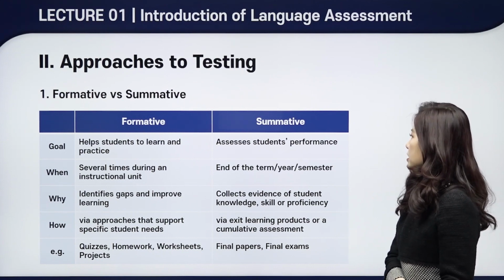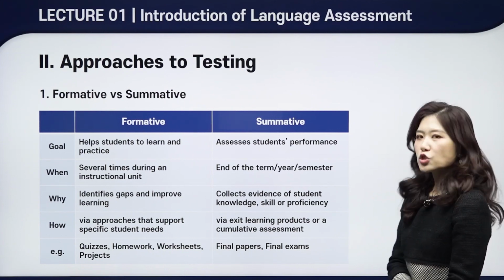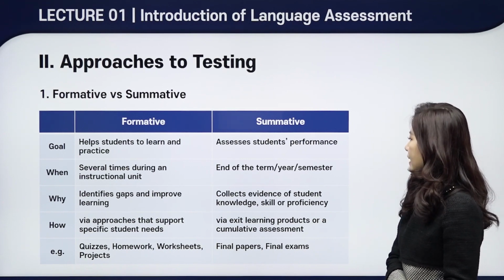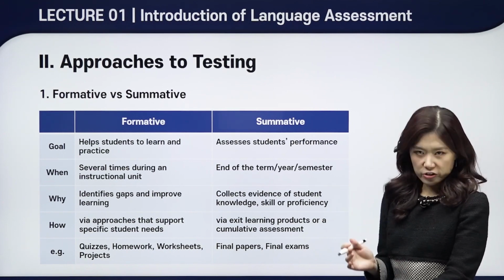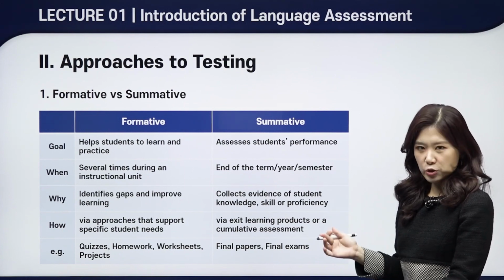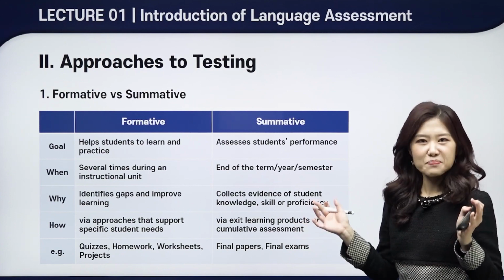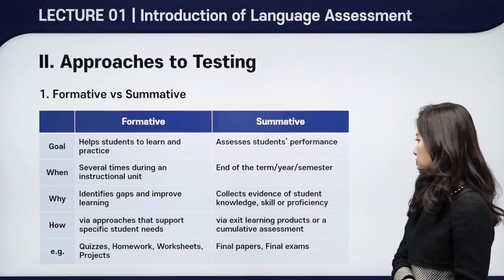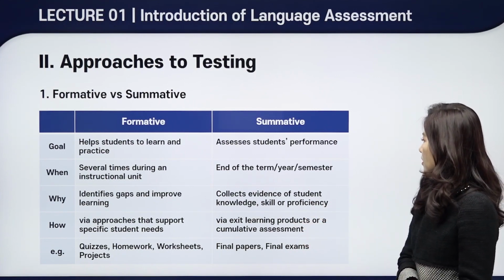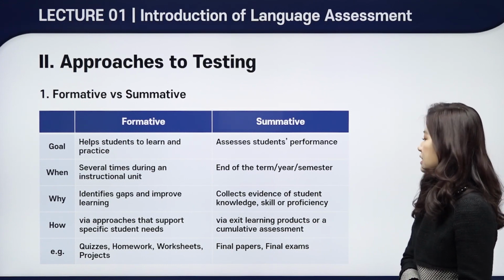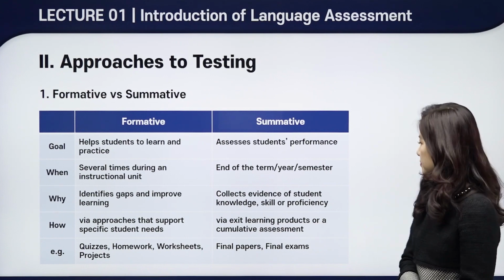Now let's have a look at this column here, summative. The goal of a summative test is to assess students' performance, and it's usually given at the end of the term, year, or semester to make sure that the students understood everything covered in the particular unit or course. And it collects evidence of student knowledge, skill, or proficiency.